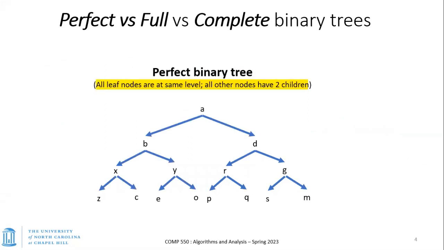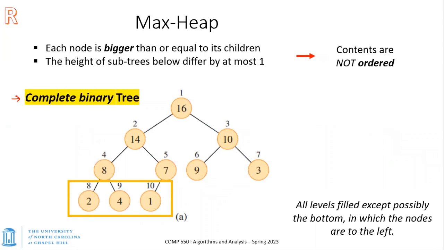So the first question that I would like to make you think about is that we said a heap is represented by a complete binary tree. I'm sure all of you remember some of the stuff that we studied in COM 210. Why do you think that we're representing heaps using a complete binary tree? You know the properties of a complete binary tree.